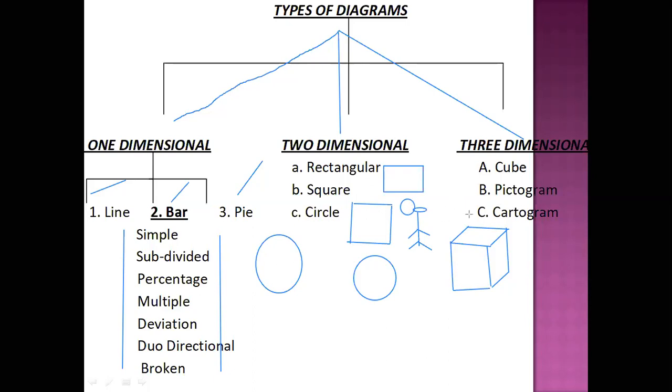Cartogram, at the end we have learned, it is the usage of maps, especially with regard to geographical locations, height or rainfall or any physical features you can show with the help of cartograms. So these are the various topics that we have learned in types of diagrams, diagrammatical representation of data.